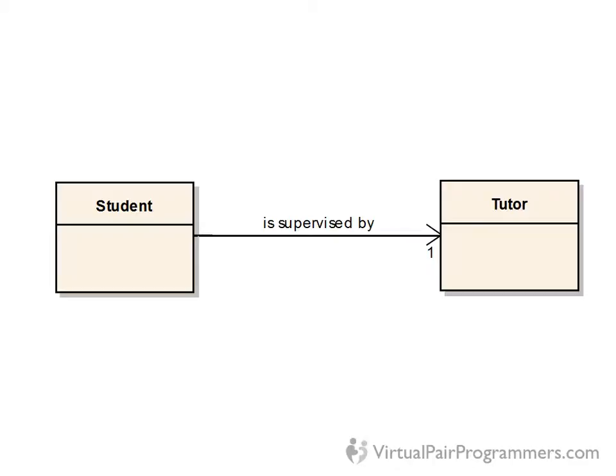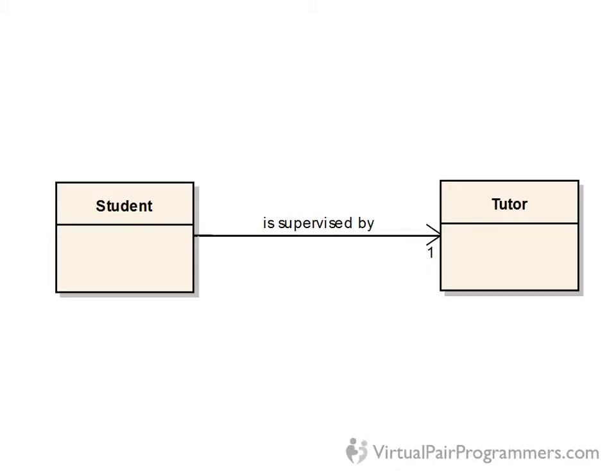Now that clearly was just some kind of a placeholder because tutor is definitely going to be a class in its own right because we need to be able to manage the details of tutors as well as students. We'll code up the tutor class in just a few moments, but I can imagine that we're going to have in there details such as the tutor's name, maybe their salary, and anything else that we want to manage.